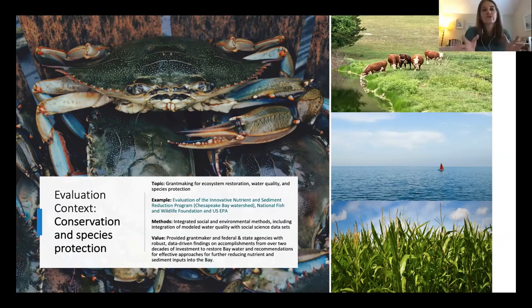And the research question here, the evaluation research question, was really about how the National Fish and Wildlife Foundation was interested in how investments into new ways of reducing nutrient and sediment runoff were both working, but also how they were being shared across the landscape among folks working in areas of best practices, and whether adoption was taking place.